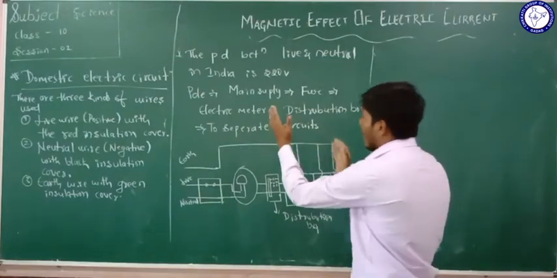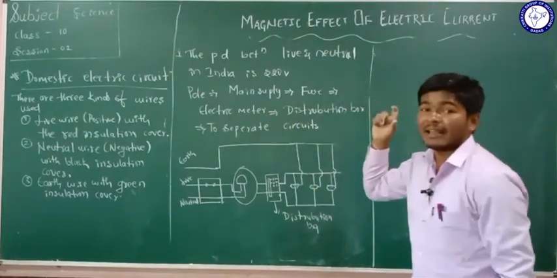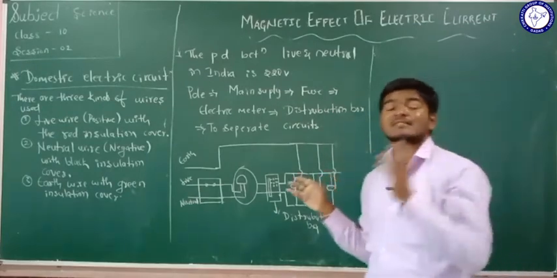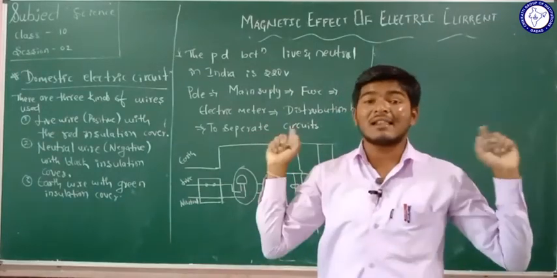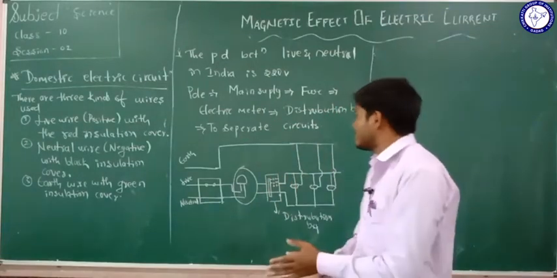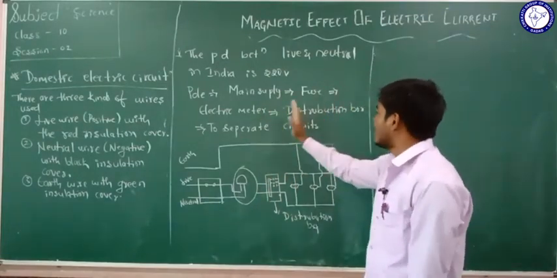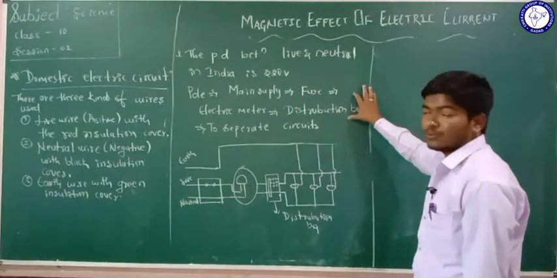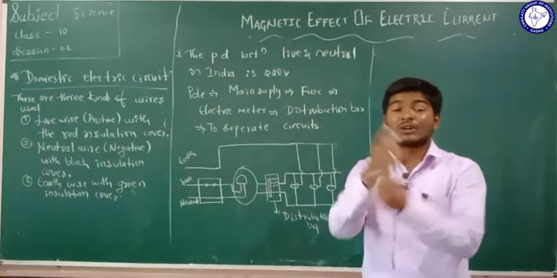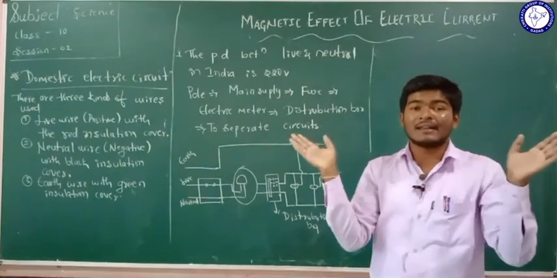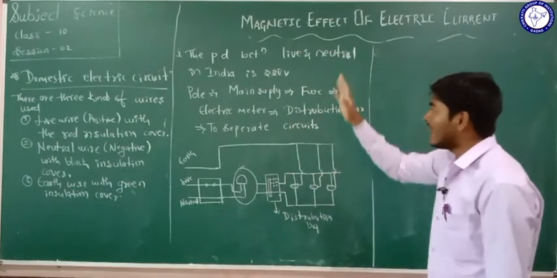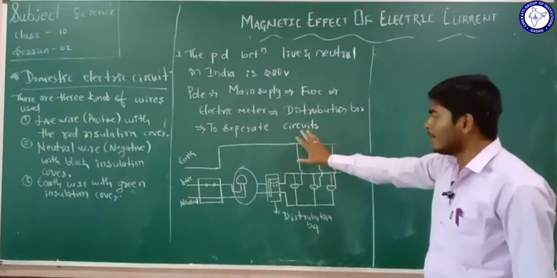Then from the electric meter, the electric current flows towards the distribution box. So it does not flow directly towards all the sockets or all the rooms in our home, but first to the distribution box. From the distribution box, it goes to separate sockets or separate rooms. The electricity flows, and all that is indicated by the simple diagram here.